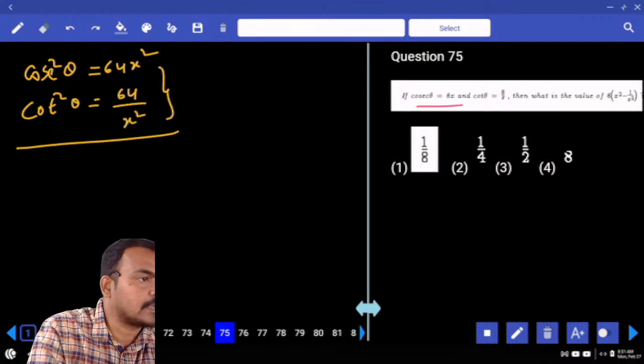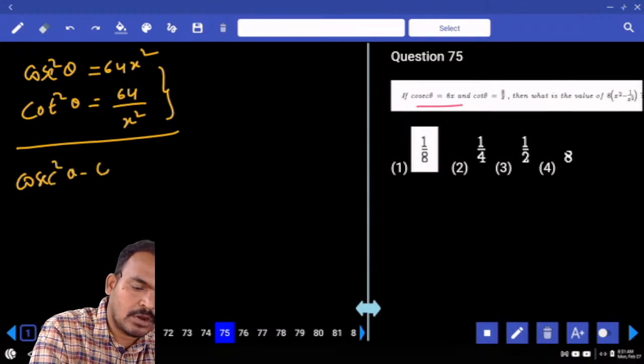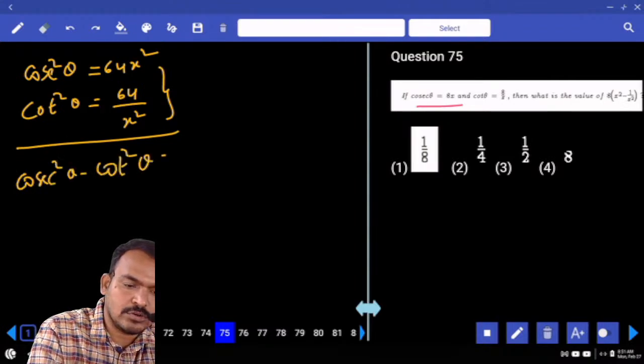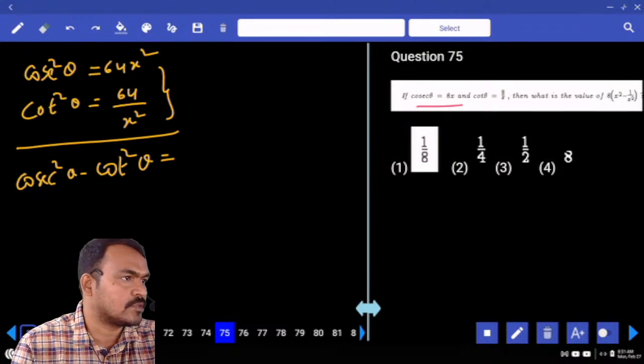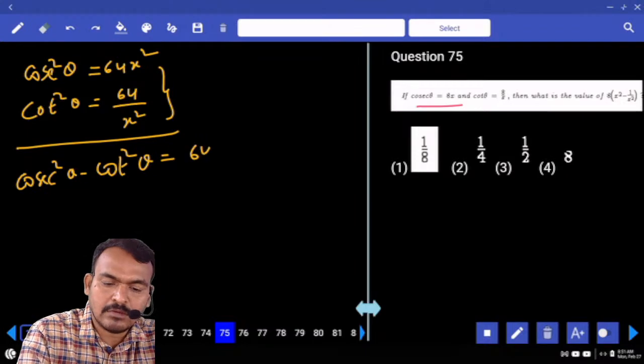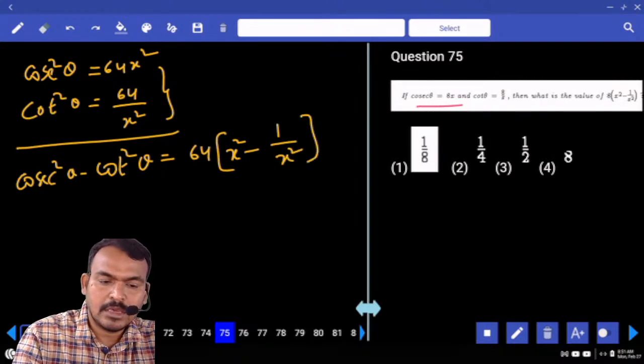These two are subtracting. Cosecant square theta minus cot square theta equals 64 x square minus 64 by x square. Which one is the common value? 64. What is the remaining? X square minus 1 by x square.